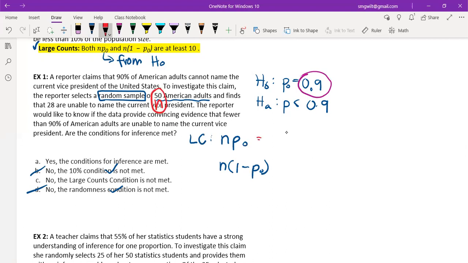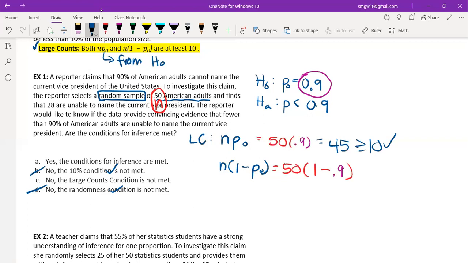So we're going to calculate 50 times 0.9 and 50 times 1 minus 0.9. If we do that, 50 times 0.9 is 45. That's at least 10, so we've met that requirement.